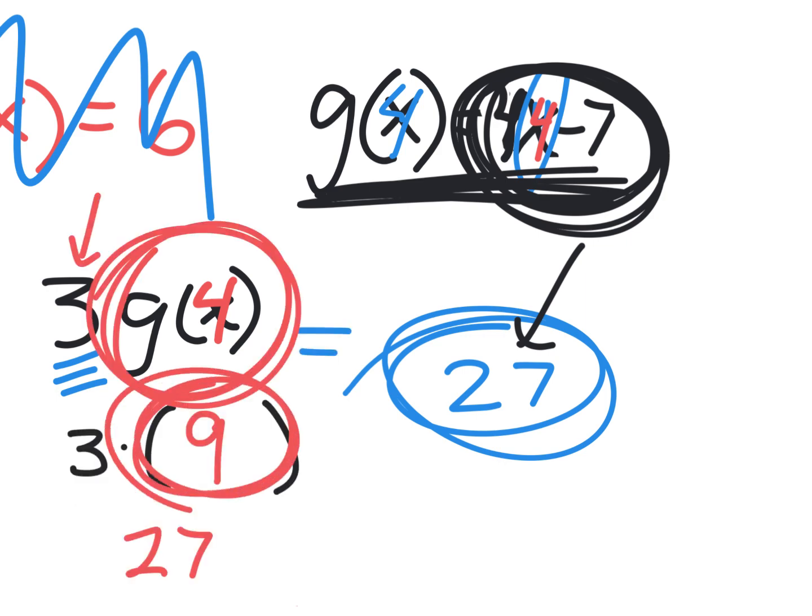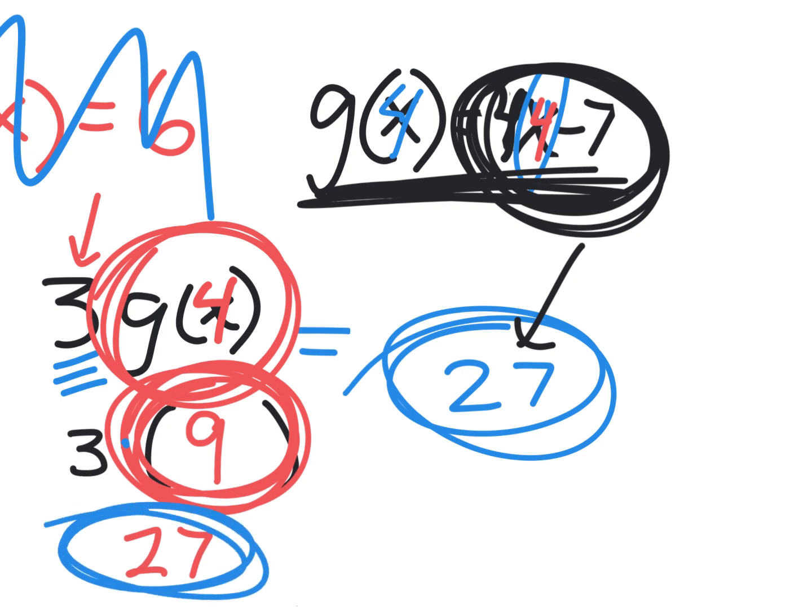G of 4 was 9. And so now we're left with 3 times 9. And what is 3 times 9? 27. Do you think I should times it by 3 again? No. This is it. It's 27. That's your final answer. Just 27. The 3 was in the final answer because you did 3 times 9 to get the 27.